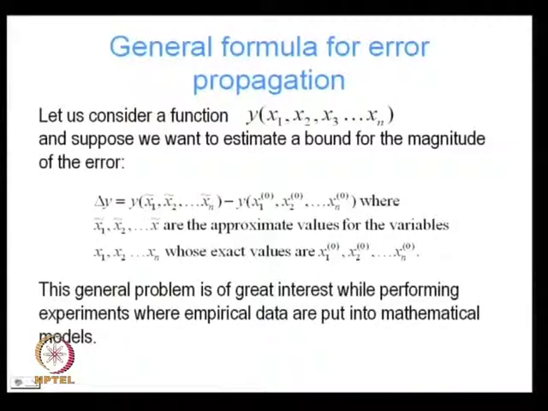I do that experiment and I find the values x1 tilde, x2 tilde, xn tilde. Because of some experimental errors, these are not the exact values, which are actually x10, x20 and xn0. But given x1 tilde, x2 tilde up to xn tilde, I want to find what is the error in y due to my experimental error.